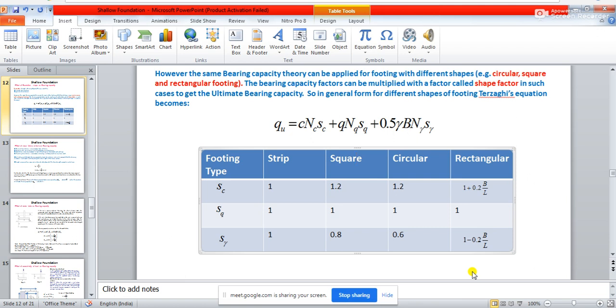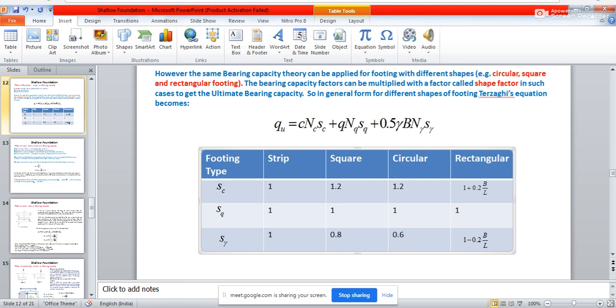To convert the bearing capacity equation of strip footing into other footings like square, circular or rectangular footing, you will have to use a factor, and that factor is called shape factor. Okay. Okay, sir.